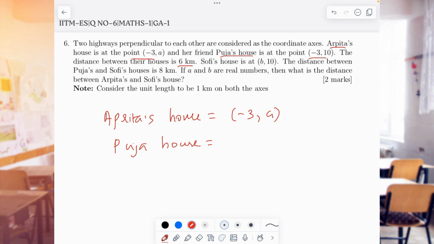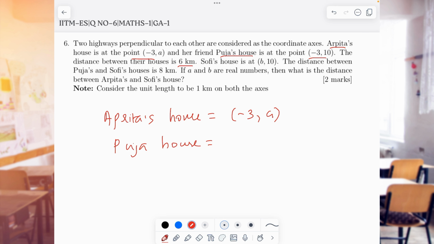Okay, now they are saying a and b are real numbers, and what is the distance between Aprita's and Sophie's house? Okay, so the distance between Aprita and Sophie's house to be noted. Okay, let us see. So according to the question stem, we are using the analytical geometry, the distance formula.